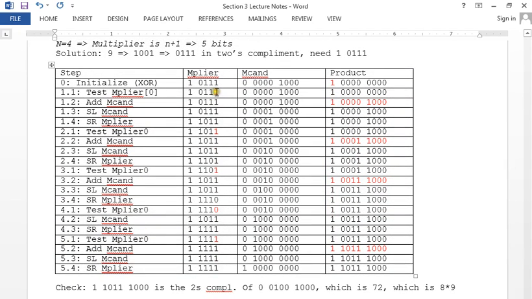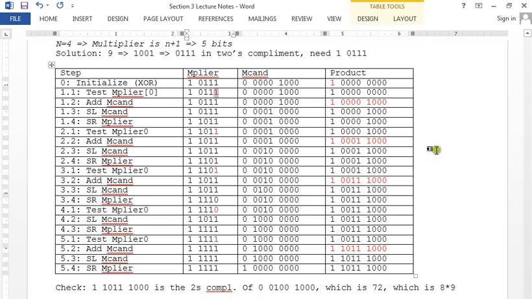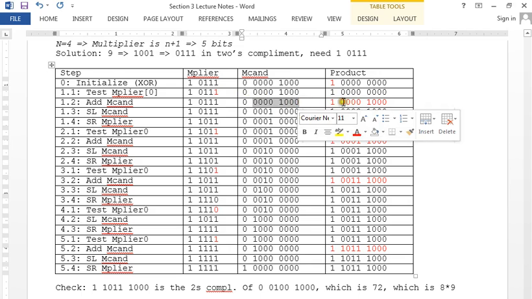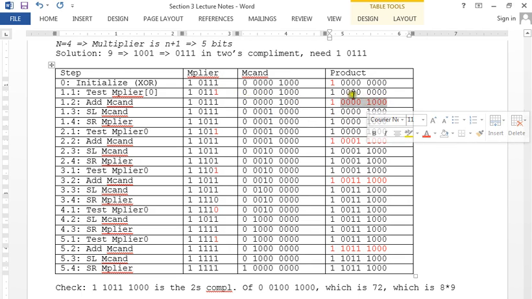So I test the least significant bit. It is 1. Therefore, we're going to add the multiplicand to the product. So if you see here, I've added this to this. So now instead of just 0, 0, 0, this becomes 0.0000100.